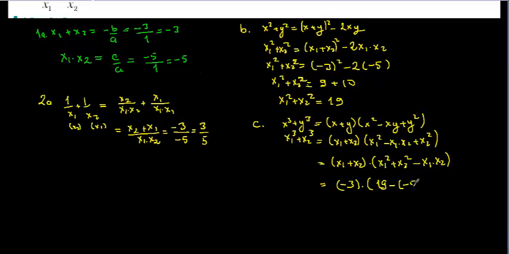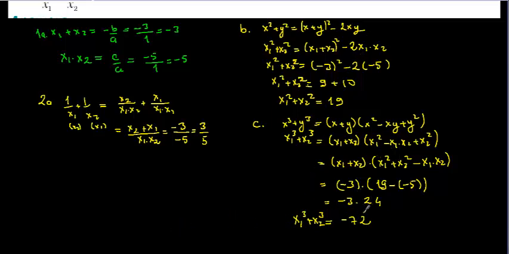So it's equal to minus 3 times 24, because minus minus 5 is going to be plus 5, and 19 plus 5 is equal to 24. Minus 3 times 24 is equal to minus 72, so x1 cubed plus x2 cubed is going to be equal to minus 72.